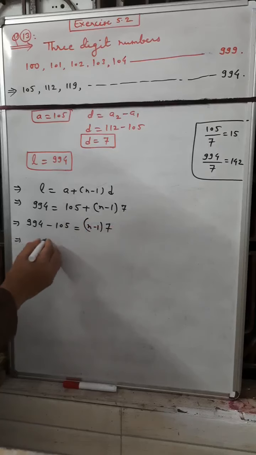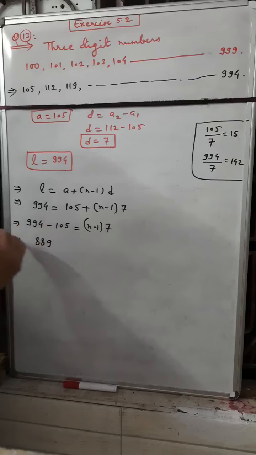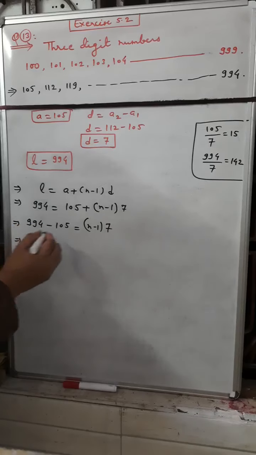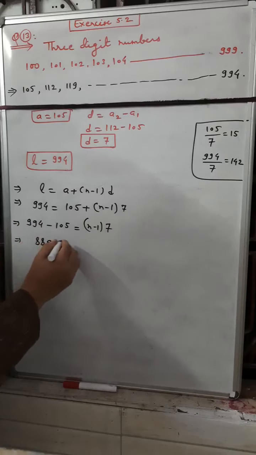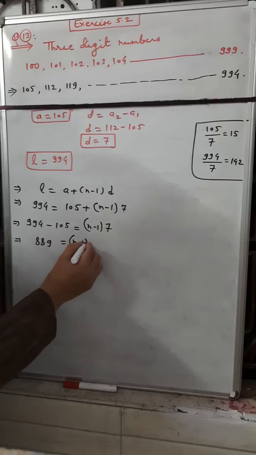So we will get 994 minus 105, which is 889, is equal to n minus 1 into 7.